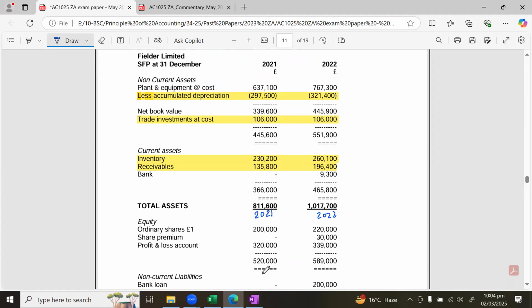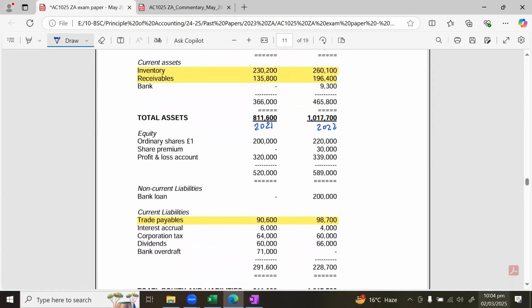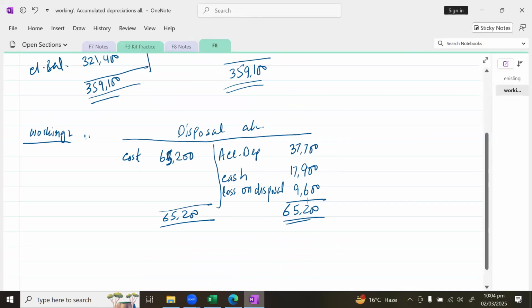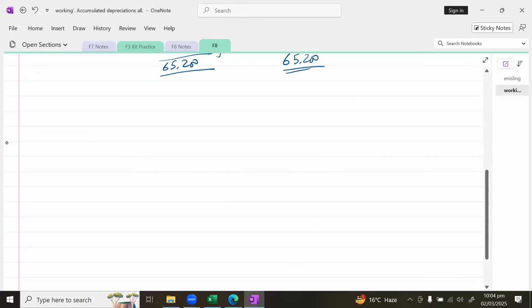The opening balance of interest accrued is 6,000. That is working number 3. Students, please, you have to mention these workings to get maximum marks. These are not that difficult.